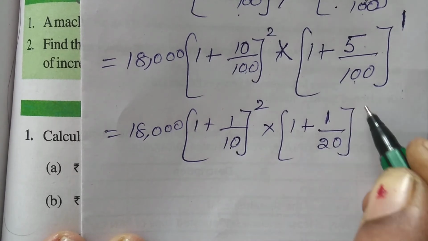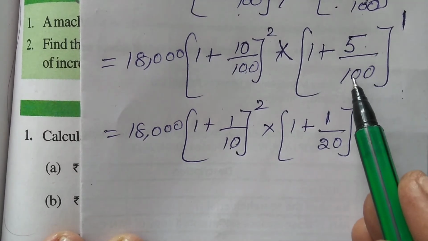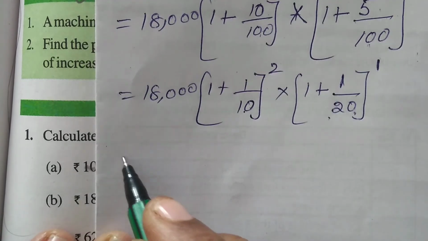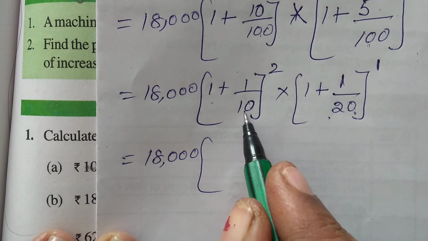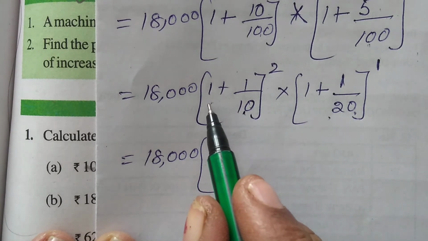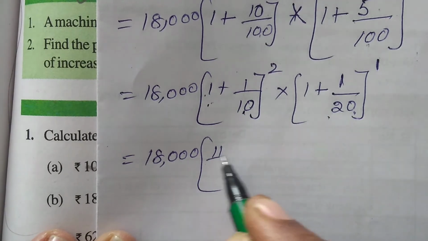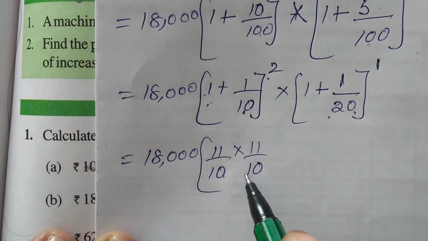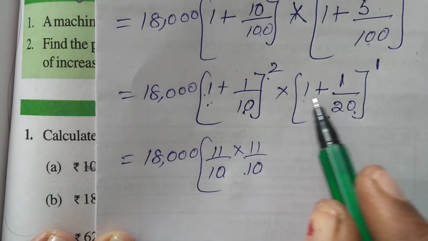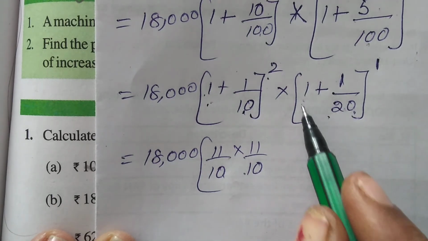So when we simplify, 18,000 into 1 plus 1 by 10, taking LCM 10, 10 plus 1, 11 by 10 into 11 by 10, because it is power 2. It is multiplied 2 times. Here 1 plus 1 by 20 will become, LCM 20, 21 by 20. Here only one time because it is power 1.